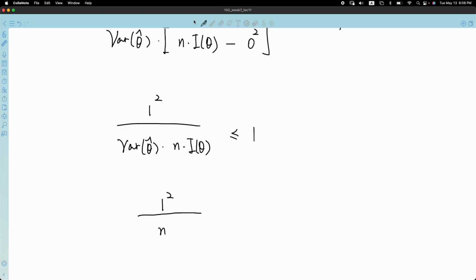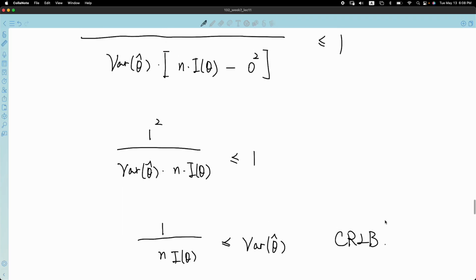I can also remove the square now. I think this is just the answer. This is called the Cramer-Rao lower bound. So you can see that you have a lower bound for the variance of your estimator: 1 over n multiplied by the Fisher information. Let me pause for a second to see if you have any question or if you finished the notes.